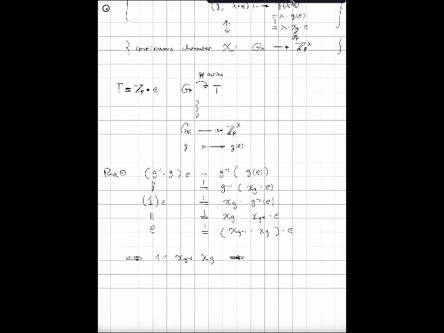Sorry, I'm making a mistake here: I'm not mapping g to g of E, I'm mapping g to chi g. This is in Zp star, while g of E is in the module Zp times E. So this tells you chi g is in Zp star. That's how we construct this map.